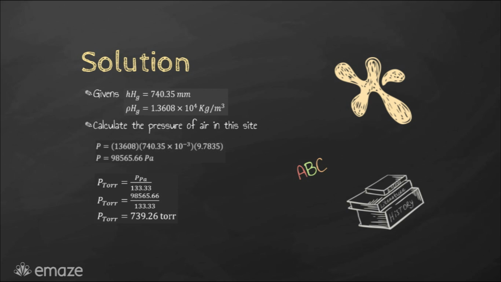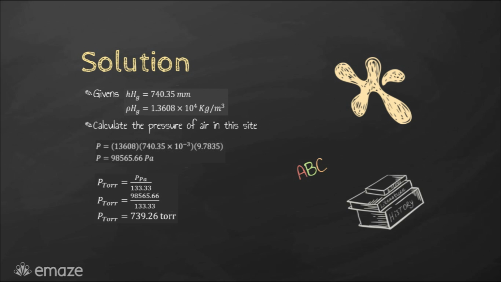We have pressure equals 13,608 times 740.35 times 10 to the power of -3 times 9.7835. And then we will have pressure equals 98,565.66 Pascal.